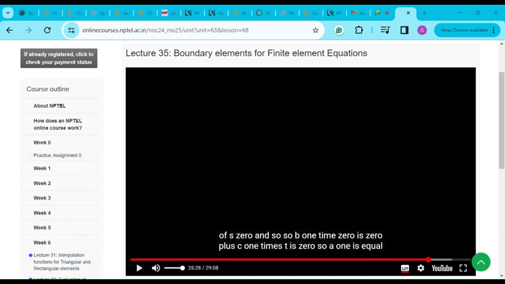We know that when we are taking psi 1, it is 1 on this node and 0 on all the other things. So psi 1 is 0 on both of these sides, right? So the S2 and S3 integrals are completely 0 because psi is 0.